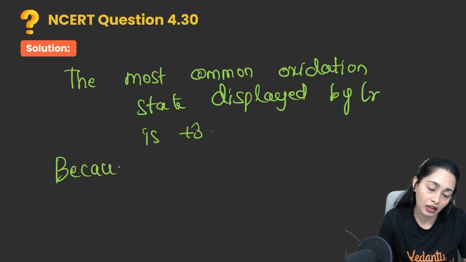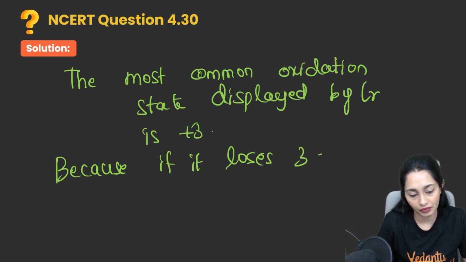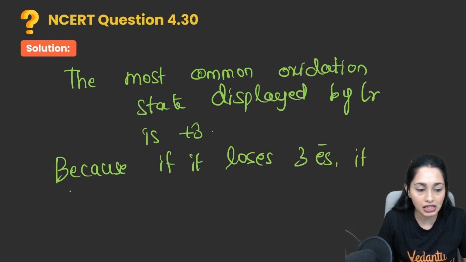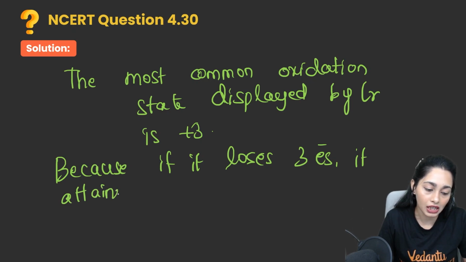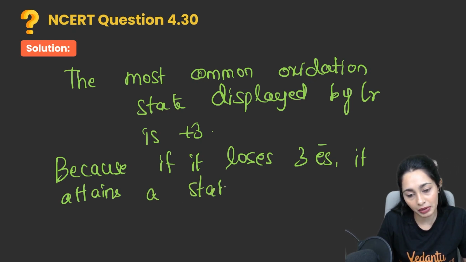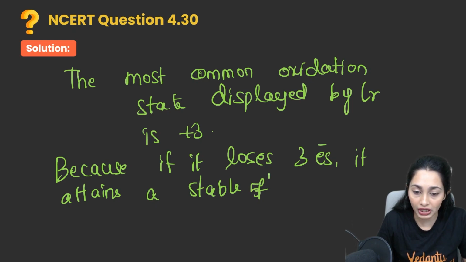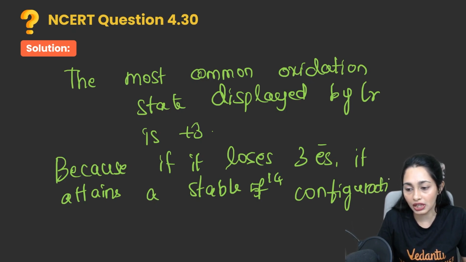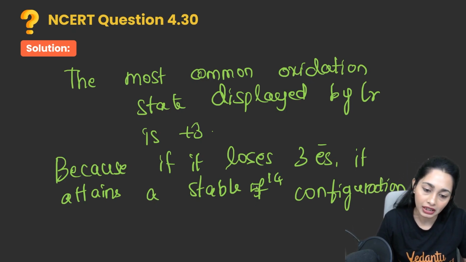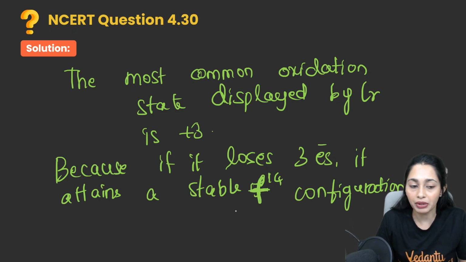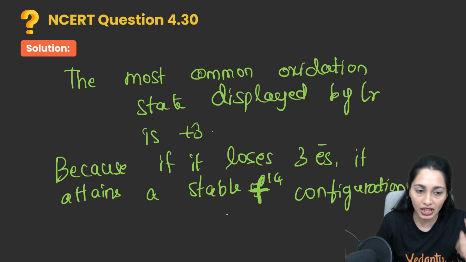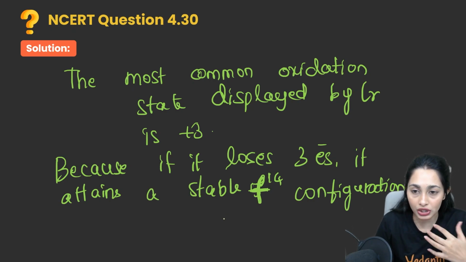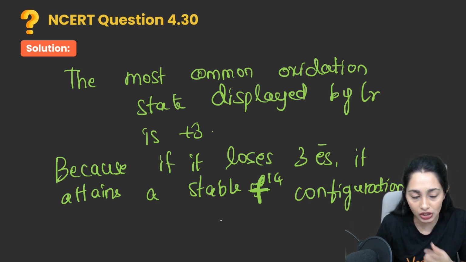Because if it loses 3 electrons, it attains a stable 5f14 configuration. This is a fully filled configuration, so it is very stable. So the most stable oxidation state is +3 in the case of lawrencium.